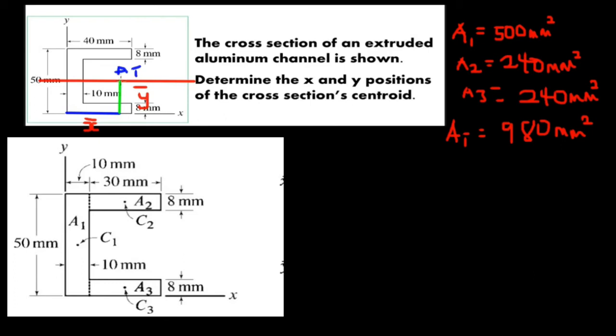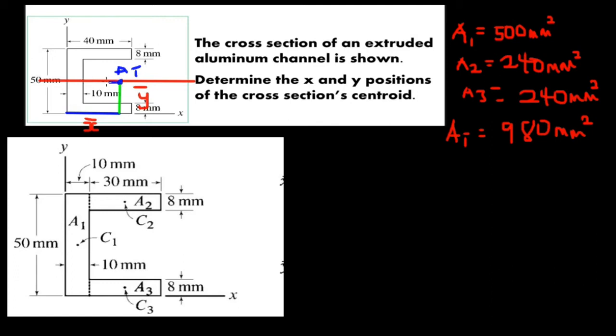So when I have my area here and I'm taking the moment about the y axis, what will be the perpendicular distance? The perpendicular distance will be the shortest distance from the total area to the y axis. So let's look at that.